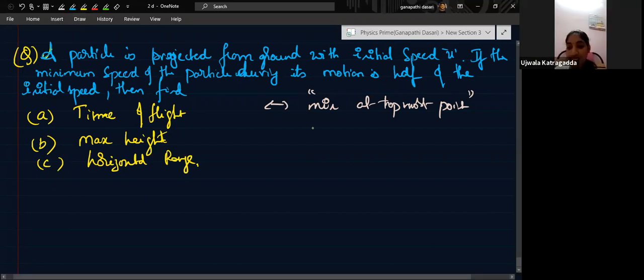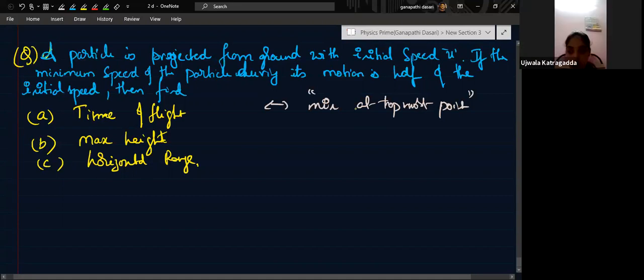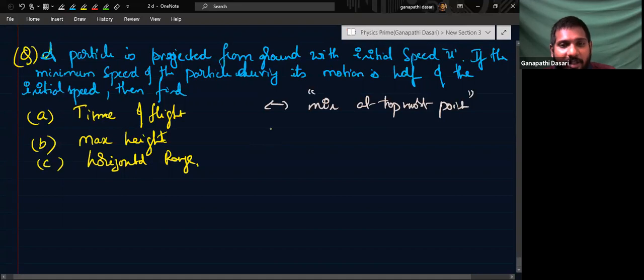Minimum at the topmost point, how much will it be? What is the velocity at the topmost point? Zero. That is another mistake that students make here. At the topmost point, vertical velocity is 0, but horizontal velocity will remain constant throughout the motion, isn't it?